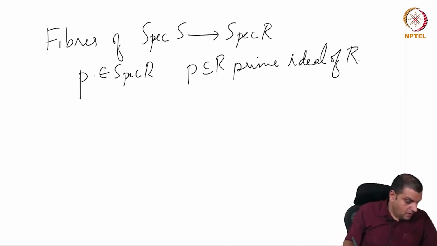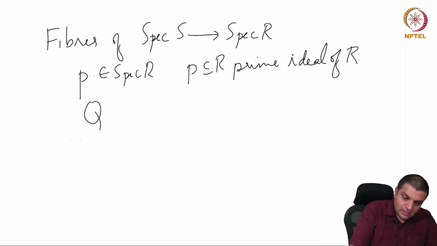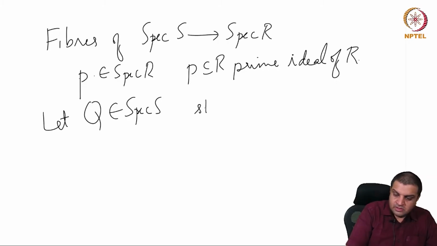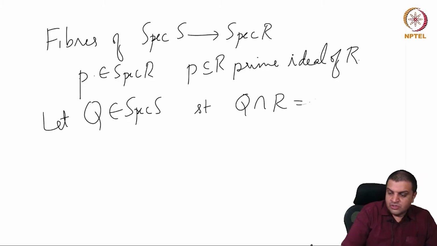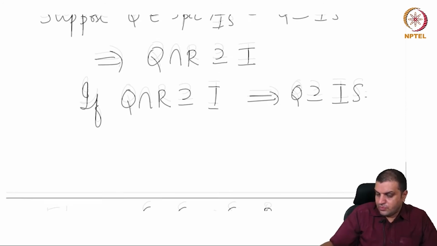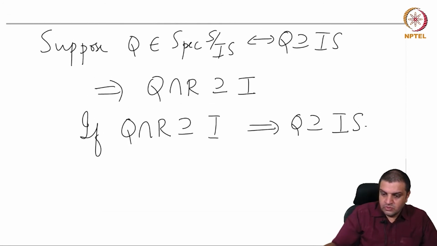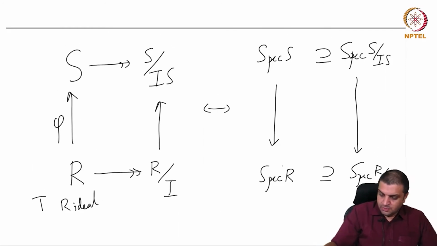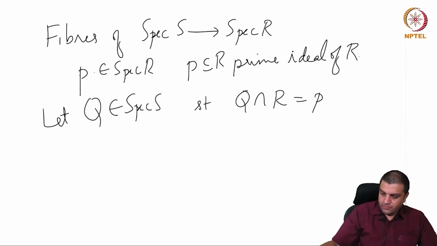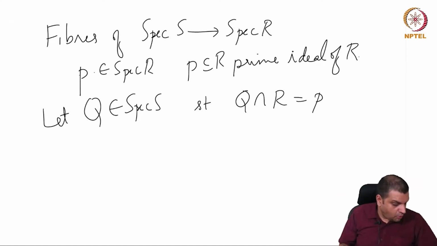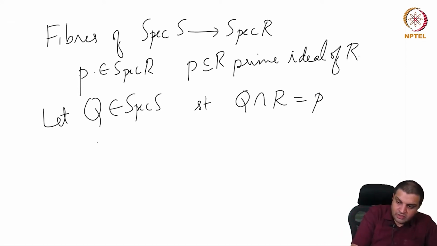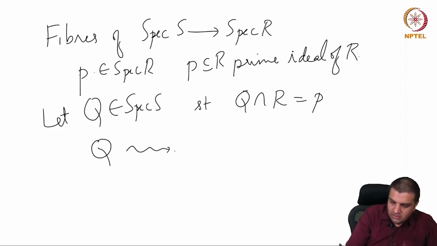Okay. Now let Q be a prime ideal of S such that Q contracts to P. So what can we say?